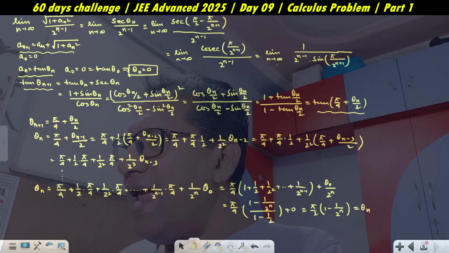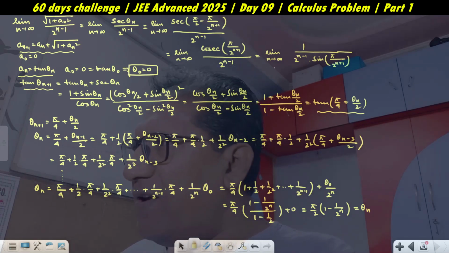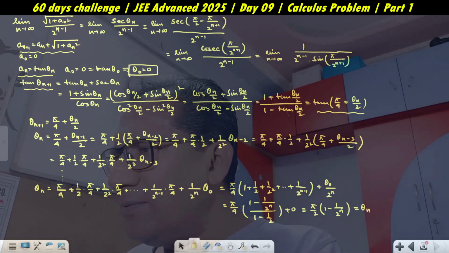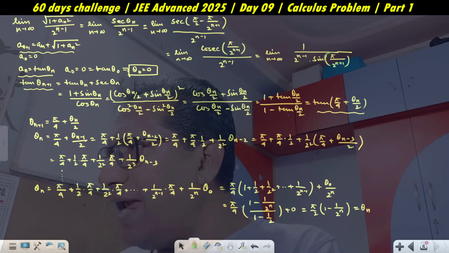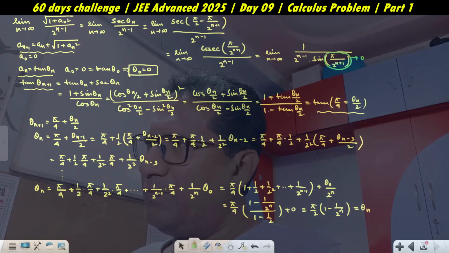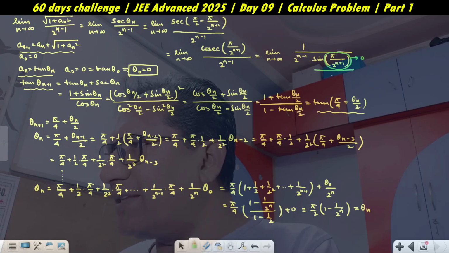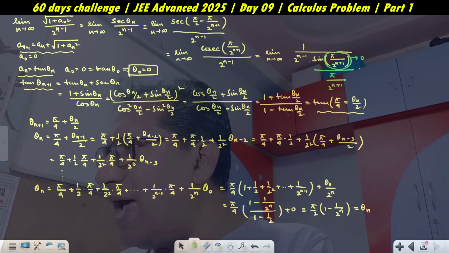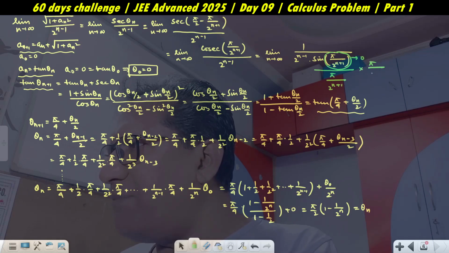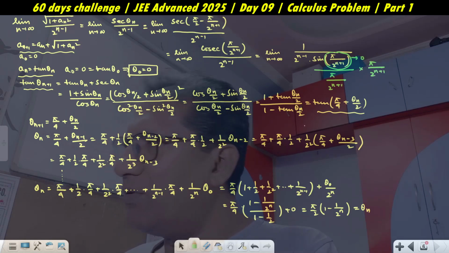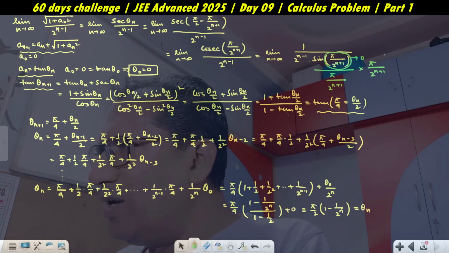Now as n is approaching towards infinity, pi by 2 to the power n plus 1, this part is tending towards 0. So what I will do is I will simply divide the thing by pi over 2 to the power n plus 1 and I will simply multiply the same thing. So this will go in the numerator.